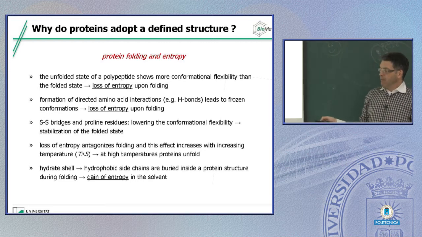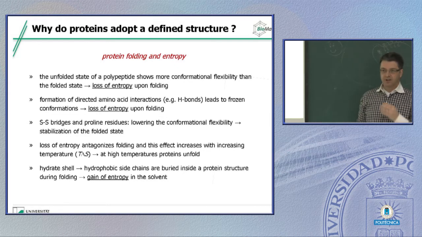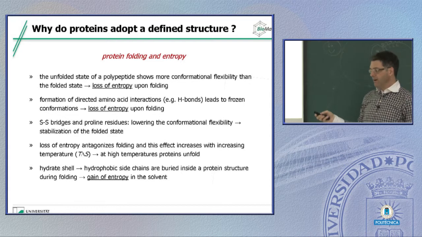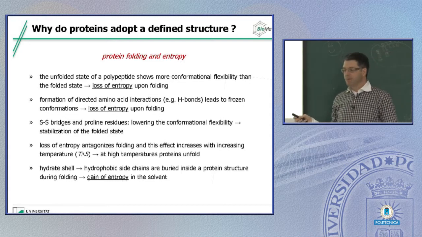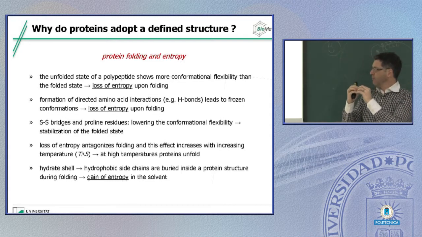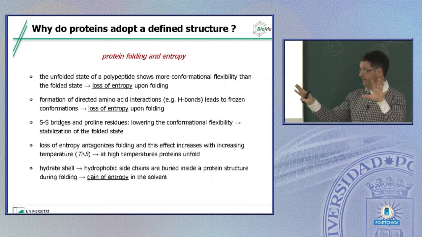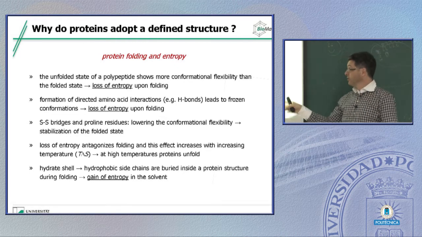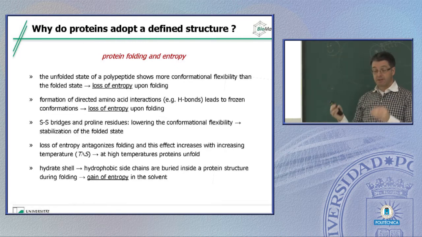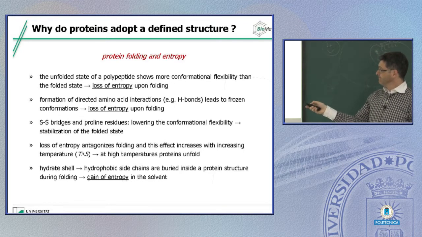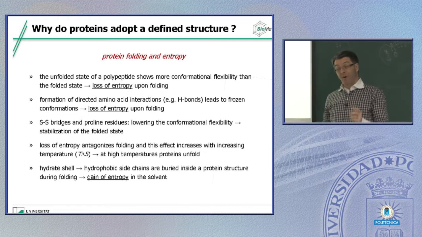So an important point, of course, is also the hydration shell, so the water that is surrounding the polymers. We talked yesterday already a little bit about the hydrophobic collapse model. So we do have amino acids with hydrophobic side chains. And of course, hydrophobic side chains try to avoid contact with a solvent, especially with water. And therefore, hydrophobic side chains typically are buried inside a protein structure during folding. What does this mean?